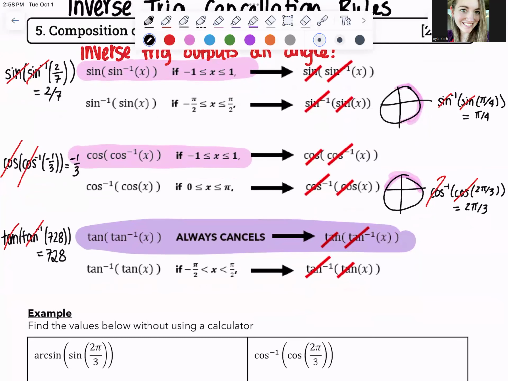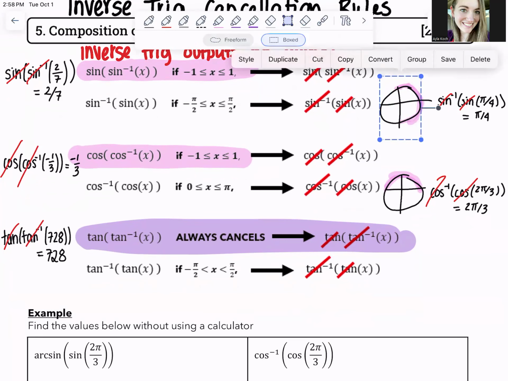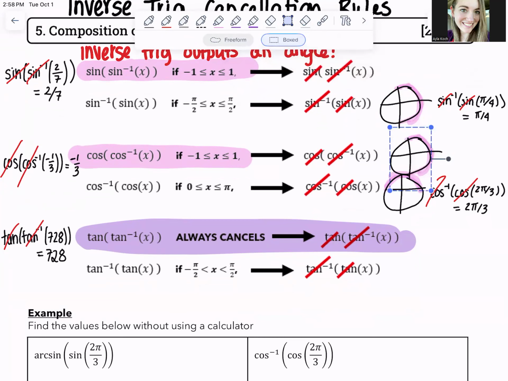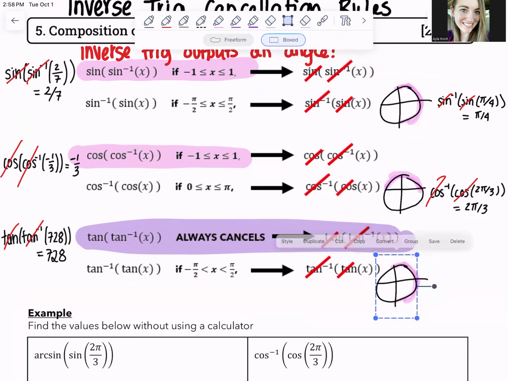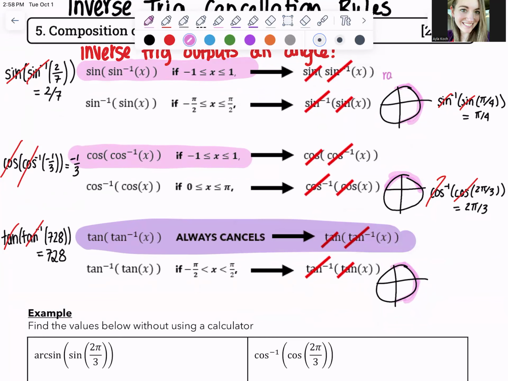Tangent is the same thing as sine. The range of sine inverse, range of cosine inverse, range of tan inverse: as long as this input right here is within the range of tan inverse, they'll cancel.